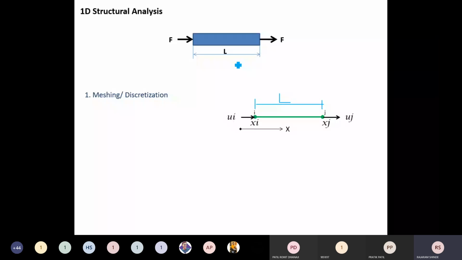We have discretized this by only one element. It has node j at this location, node i at this location.